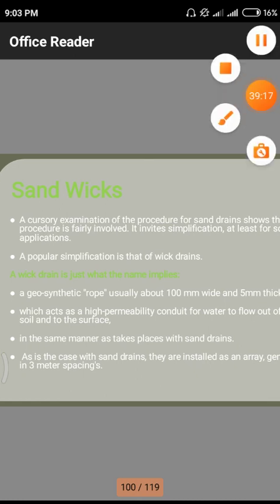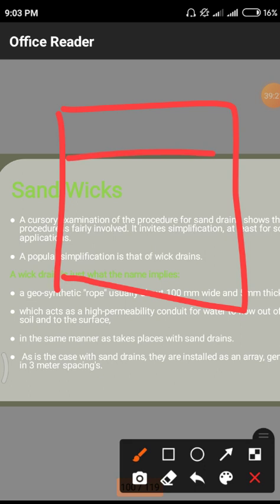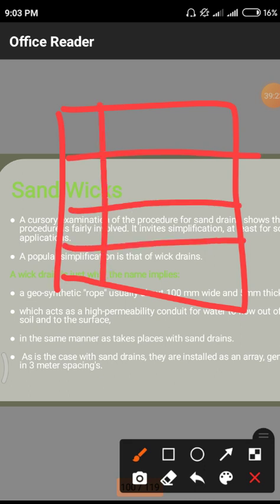Array means normally a matrix, with one row, one column, and all the rows parallel, so that all the water will be drained in a smooth pattern.